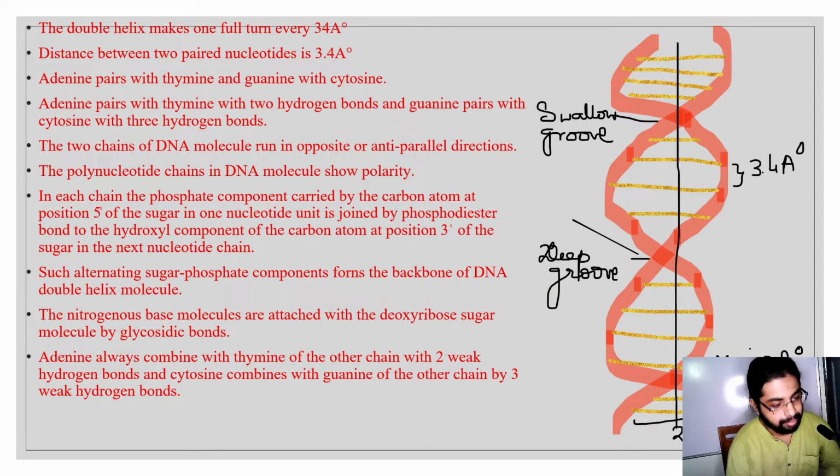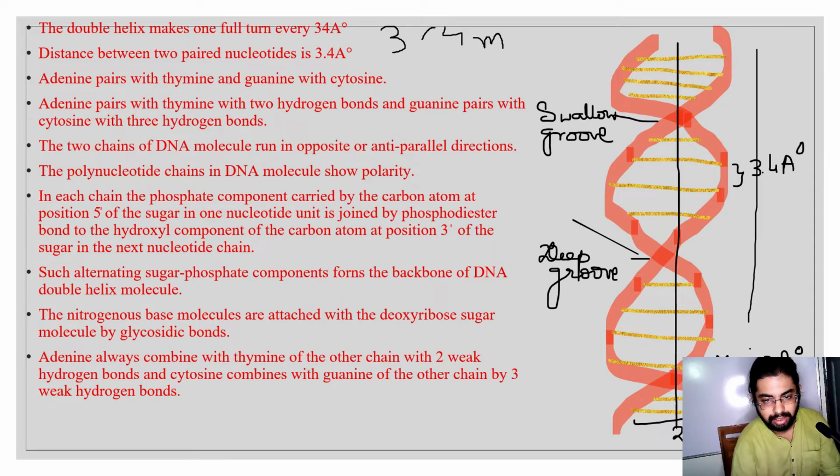So the double helix makes one full turn every 34 angstrom or 3.4 nanometer. So this is one turn, and here this is one turn.